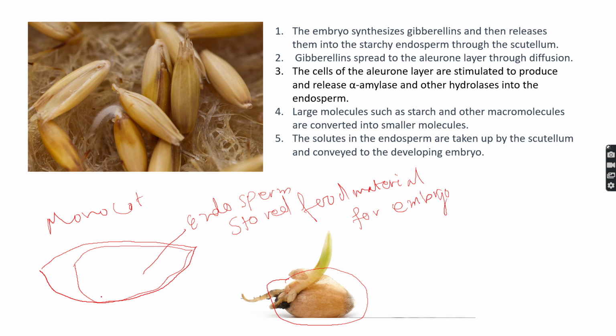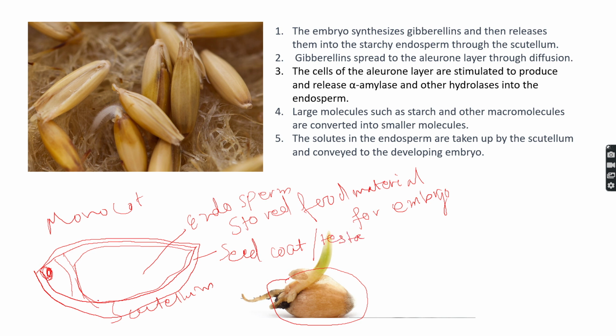Second important, now the embryo is situated here. Before that, one tissue is there known as scutellum, and the seed is covered by a seed coat. We can call it testa.